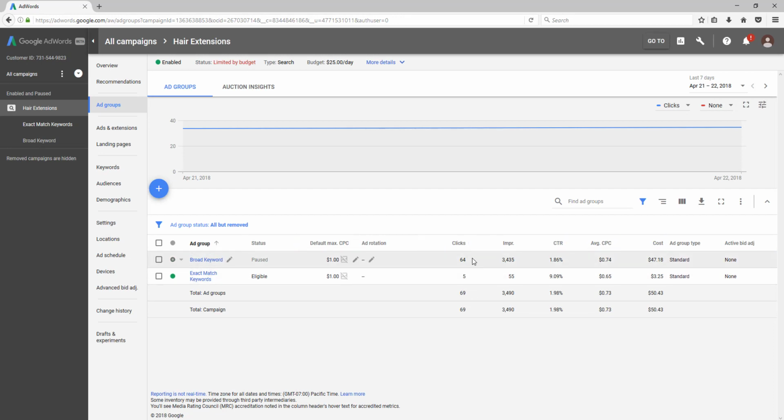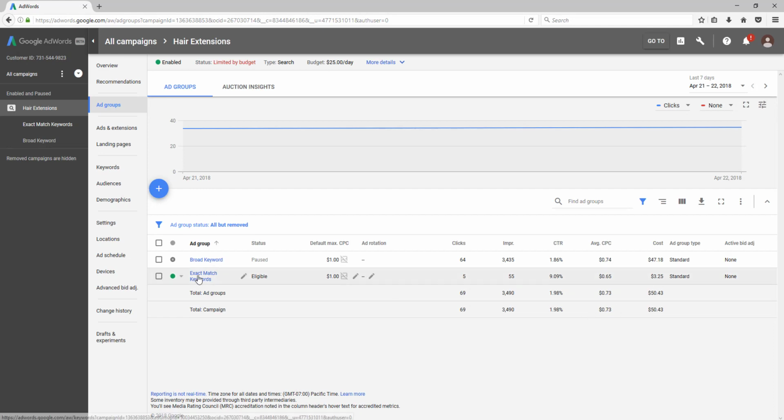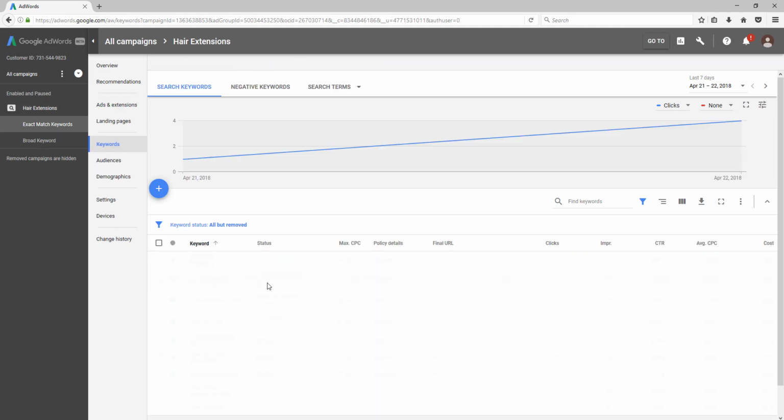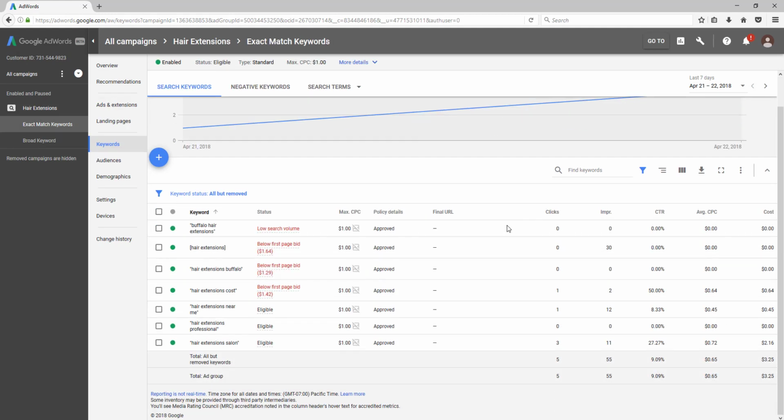So you're going to get a lot more clicks and a lot more action with your broad keywords, but you're going to get better action over here. The click-through rate's a lot higher with my exact match keywords. My cost per click's a little bit lower, and let's see what else we have here. I don't have conversion tracking set up, but my conversion tracking would be a lot higher.